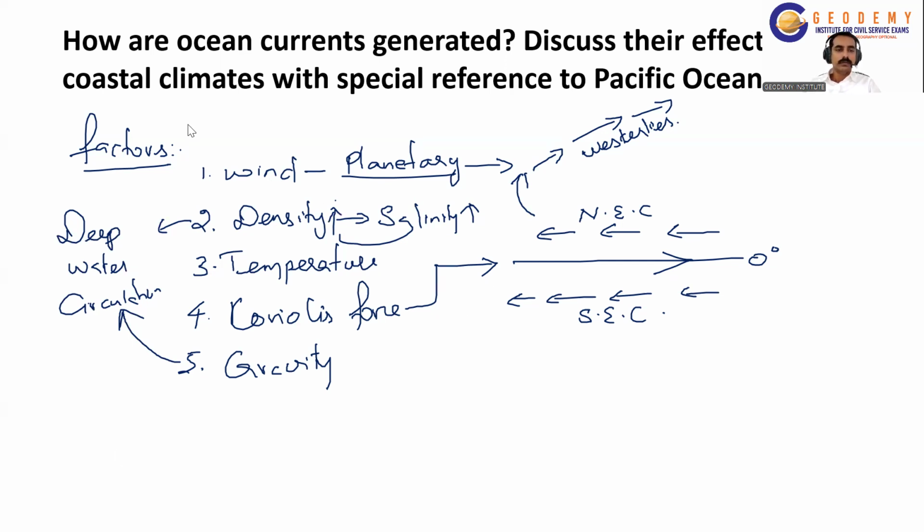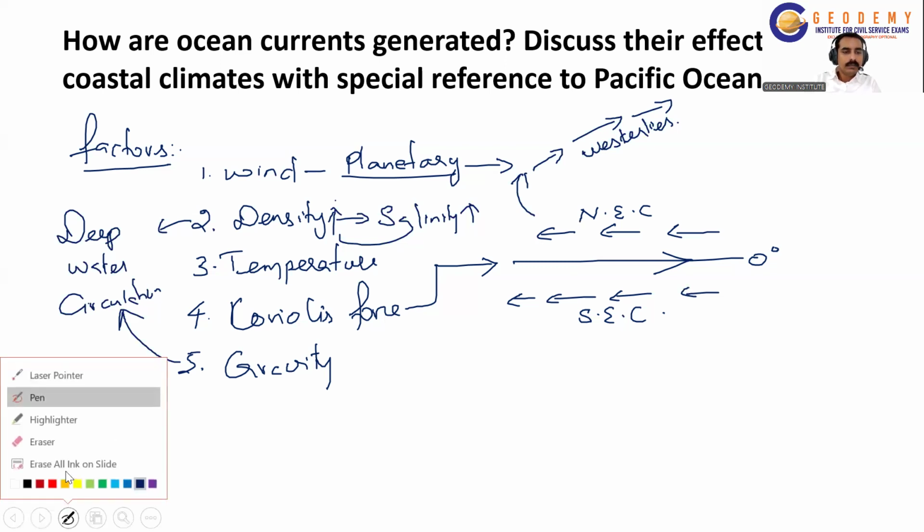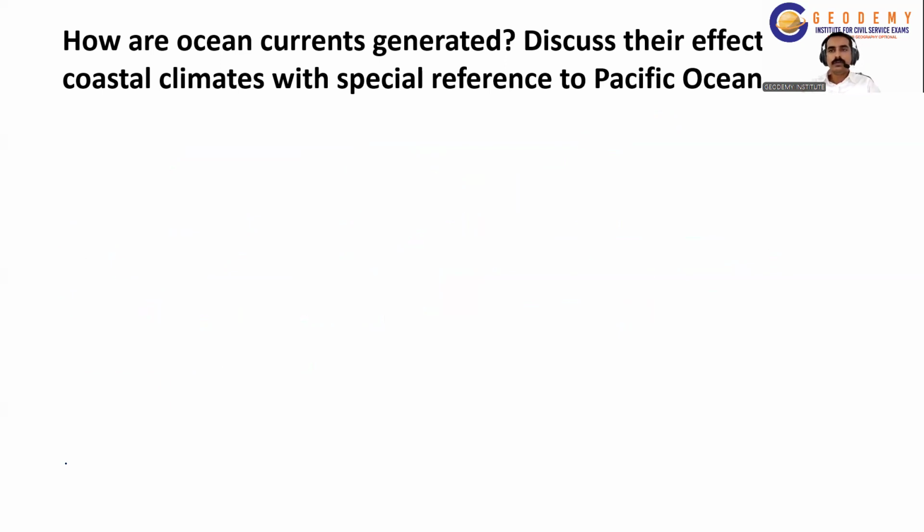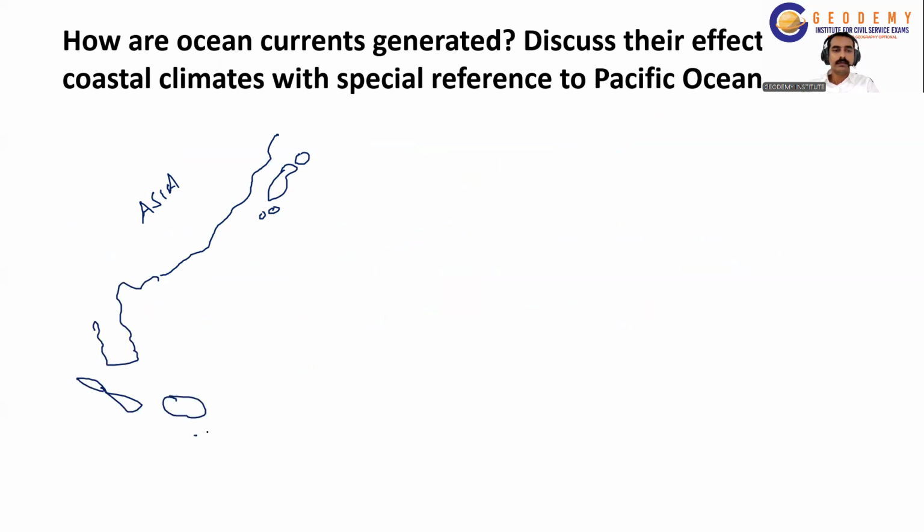Okay. Now the subsection, the other question in the same is: discuss the effects on the coastal climates with a special reference to the Pacific Ocean, they have asked. Okay. For this, we can draw a small map here: Asia, Japan islands, and then up to the Indonesian islands, and Australia is here.